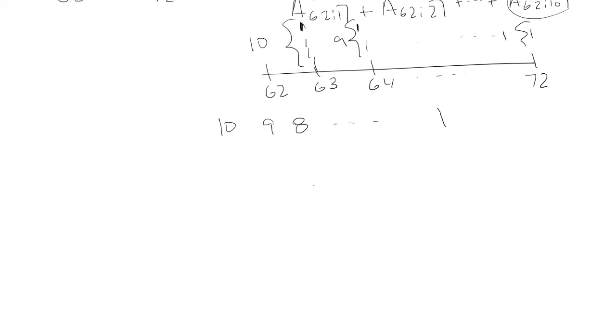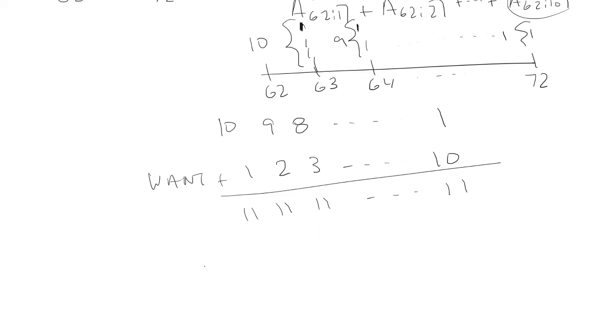Okay, but what we want is the reverse. So we want to start at 1, go up to 10. So how can we do this? Well, notice if we add this, we get 11s.